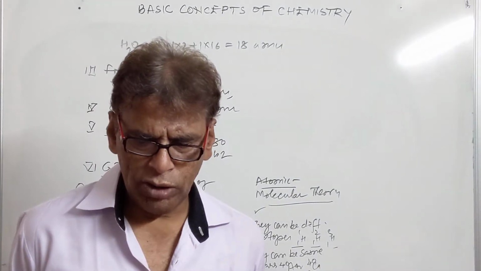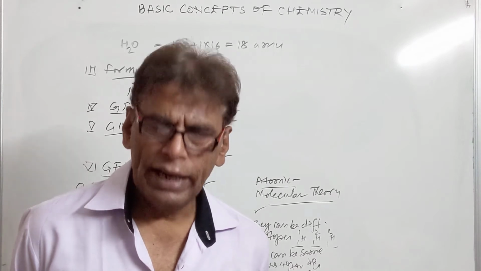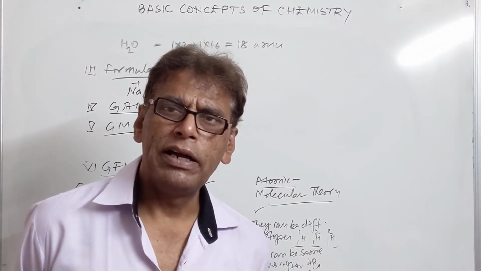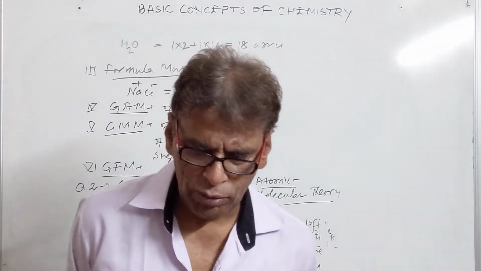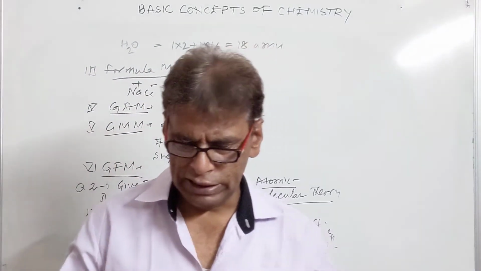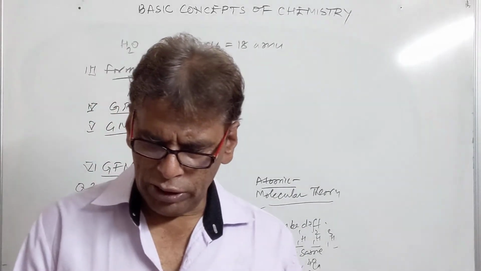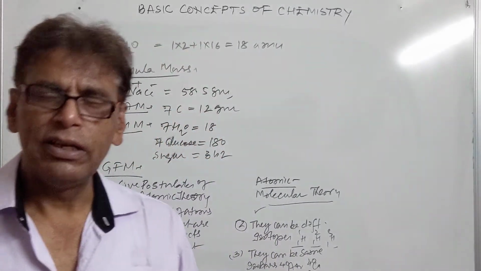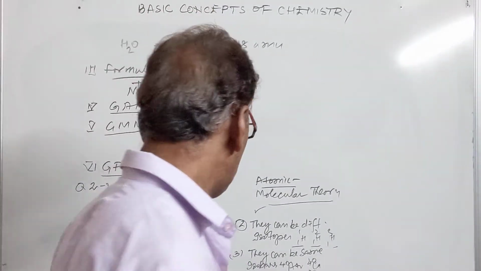Then atom is the smallest particle which takes part in chemical reaction. It is okay. Then atom can neither be created nor be destroyed, although atom is divisible into electron, proton and neutron. So these are the changes which have been made in the modern atomic molecular theory.